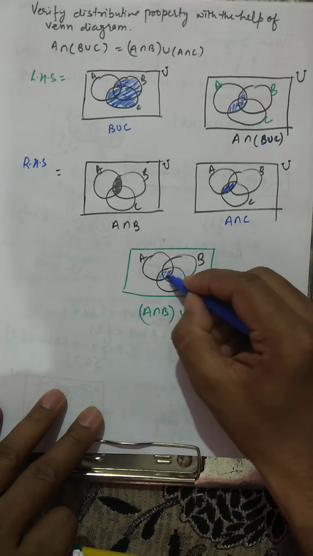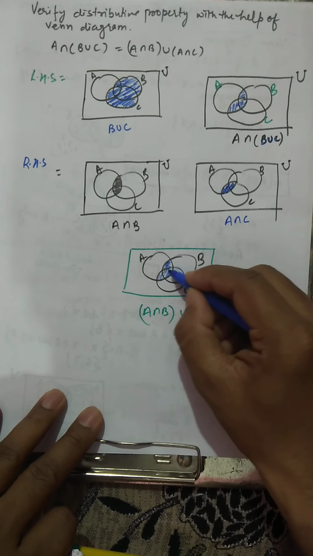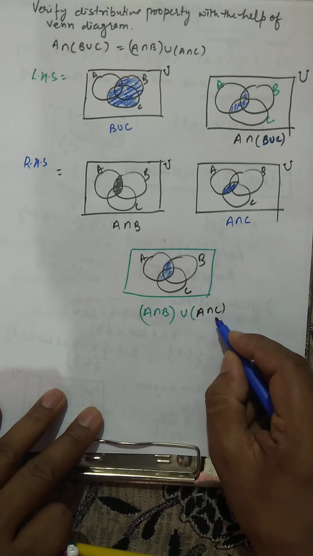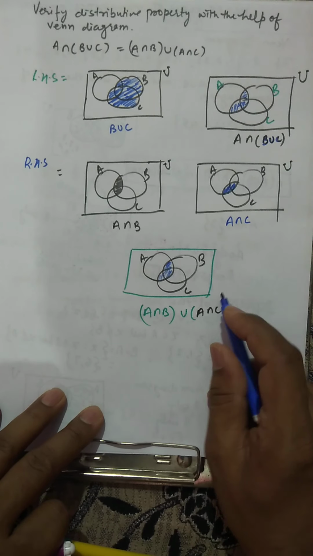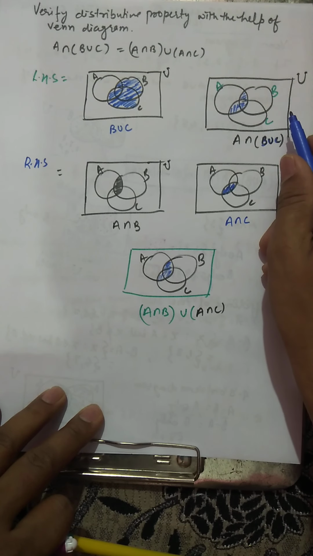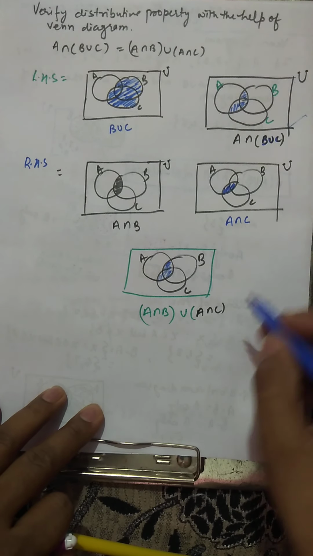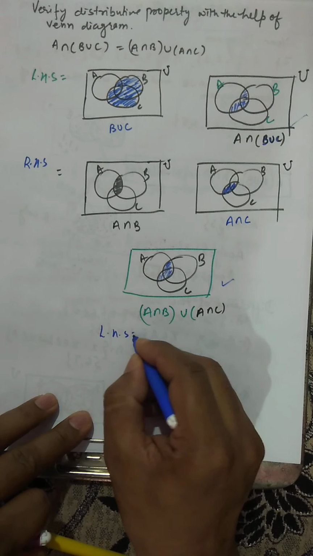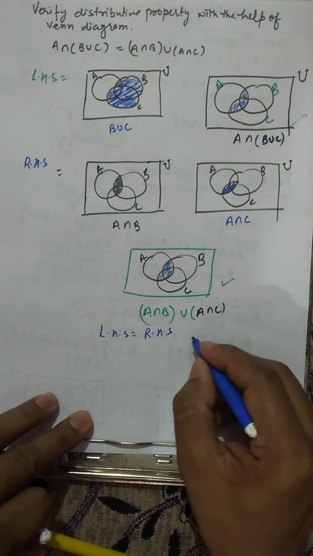So this is the area which is coming under A intersection B and coming under A intersection C. I'm taking union in between. So you can see your this LHS and this one have come equal. So you can say LHS equal to RHS, hence verified.